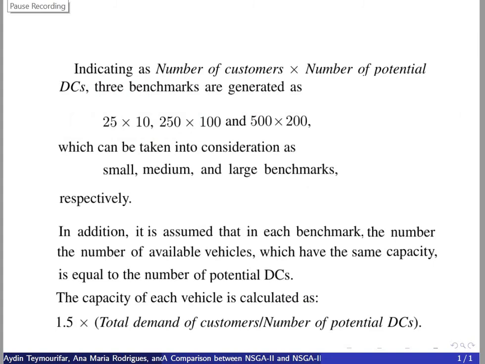We generate our benchmarks, indicated by the number of customers and number of potential DCs. 3 benchmarks are generated as these, which can be taken into consideration as small, medium, and large benchmarks. It is assumed that in each benchmark, the number of available vehicles, which have the same capacity, is equal to the number of potential DCs. The capacity of each vehicle is calculated like this.